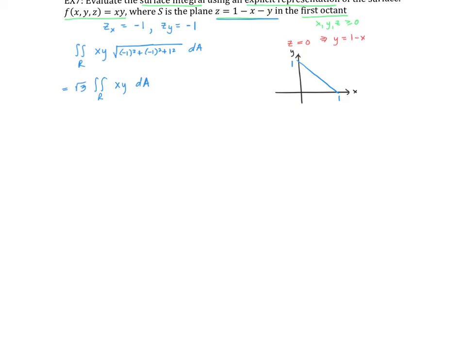Here's my region. So these are my limits of integration. Again, we're just going back to what we did when we first started discussing double integrals. Okay, so if I let my x values vary from 0 to 1, then my y values I have to be careful with. Because think about this, my smallest y value will be 0.